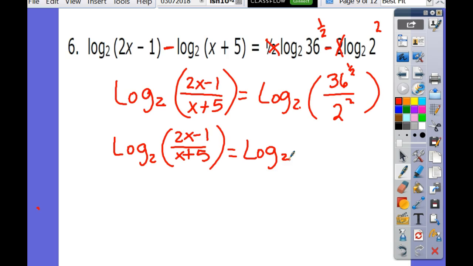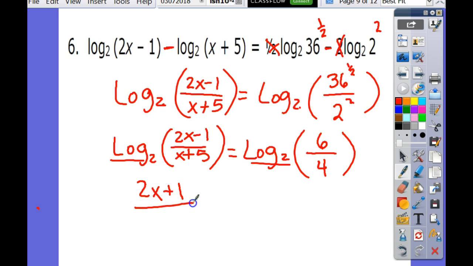That is equal to 6, because a 1/2 power is the same as a square root. And what is 2 squared? 2 squared is 4, and this log is equal to that log, so that means 2x plus 1 over x plus 5 equals 6 over 4.